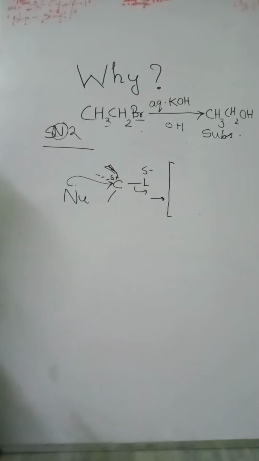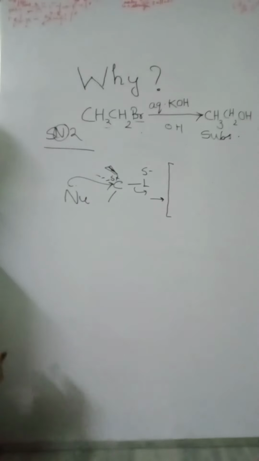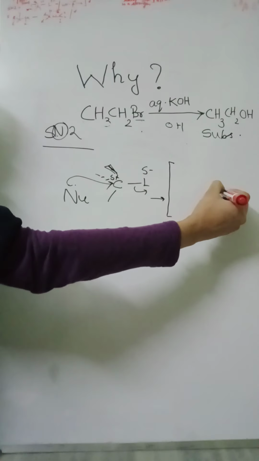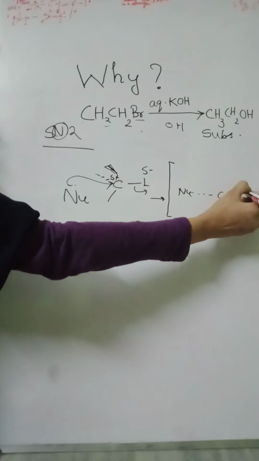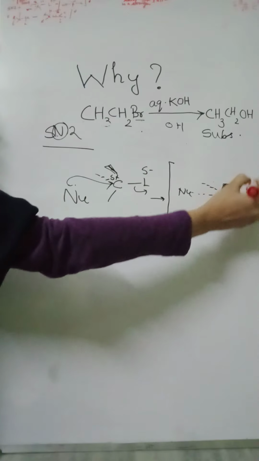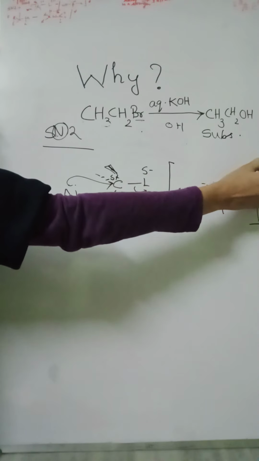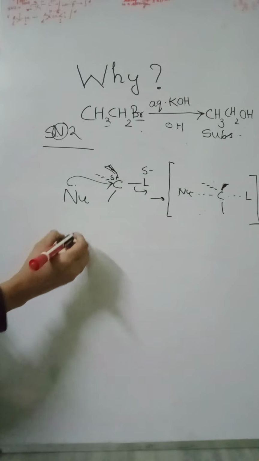Not intermediate, it will be the transition state. How will it look? Carbon atom, slight interaction with the nucleophile. This bond has weakened. Here you have the 2 bonds which are already there. Here the 3rd bond, and this hashtag represents the transition state.